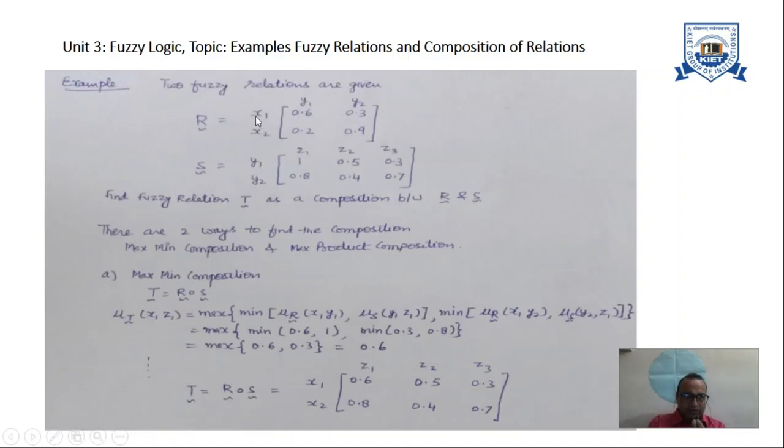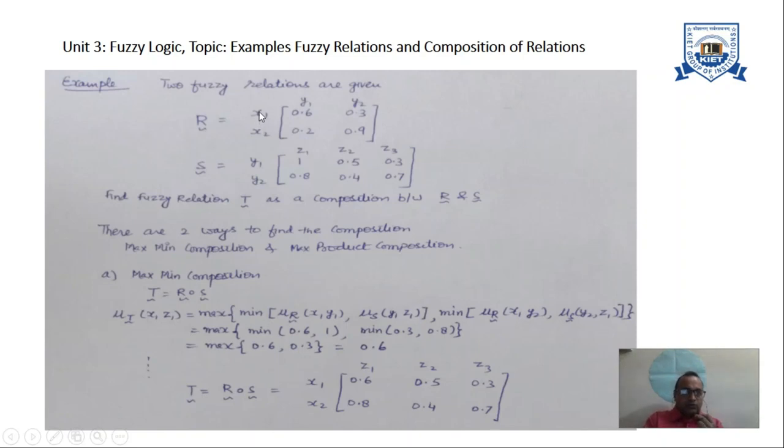As we want to make a relationship between the elements of set X and the elements of set Z, what is our objective here in this example? We want to establish a relationship between the elements of universe of discourse X and universe of discourse Z. We want a relationship between x1, x2 with z1, z2, z3.